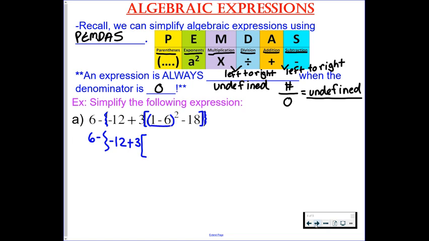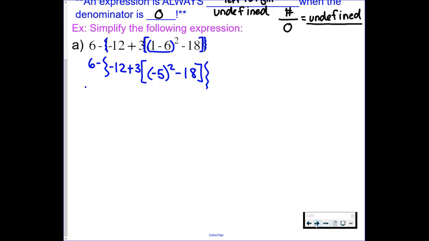1 minus 6, that is negative 5. Next, I'm going to keep going with those parentheses. Notice how we have an exponent of negative 5 squared. So let's simplify that. Negative 5 squared is 25 minus 18.